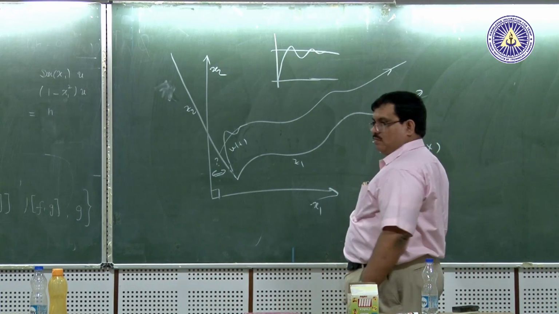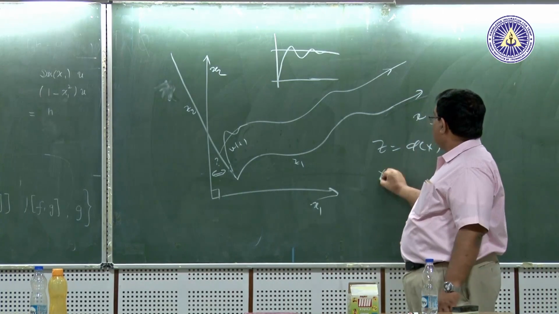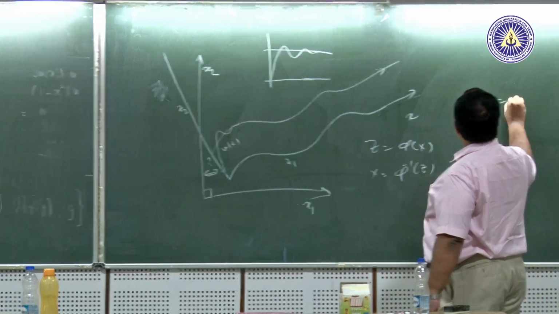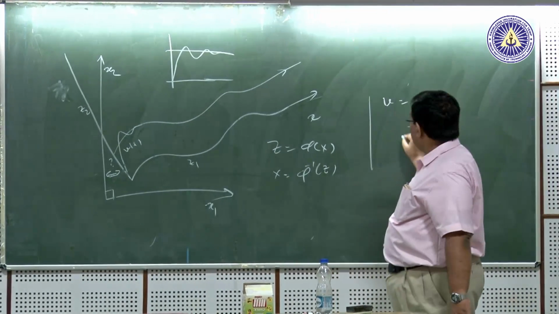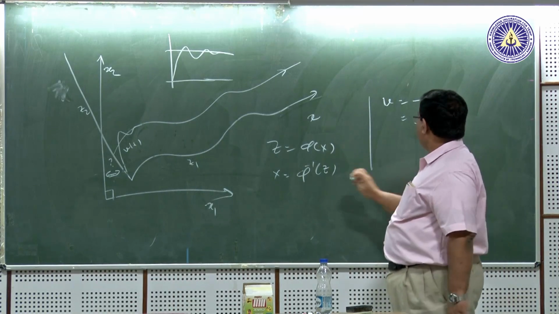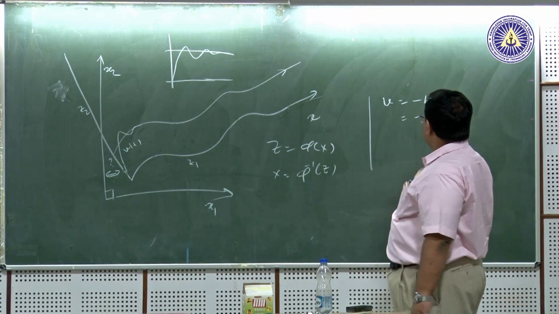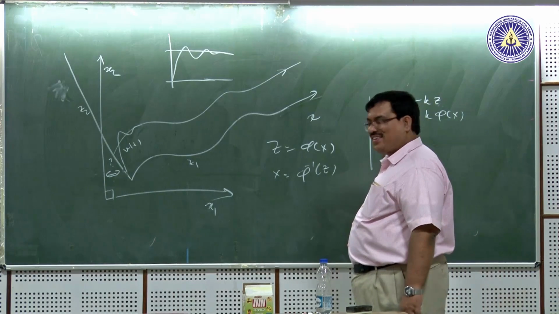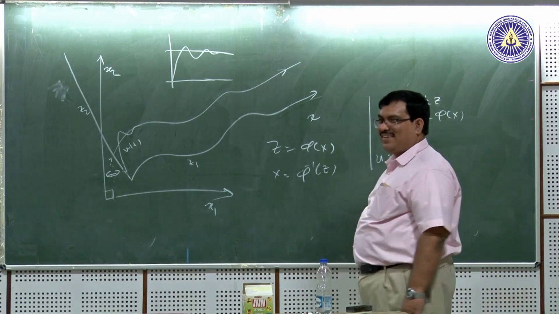So x is nothing but phi inverse of z. Now v equals minus kz, which is your linear form, pole placement, and z is nothing but phi of x. But remember, you got v, now you have to get u. Inversion.